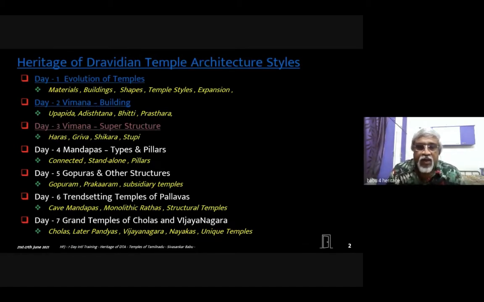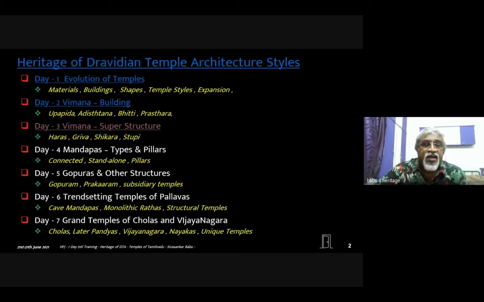So the basic one here, this is the Upapeda, the basic packed mud foundation, because it is in a fairly strong soil and doesn't require so much effort, and the Vimana is also fairly small. The example I had taken here is one of the iconic Kodumbalur Moovar temple.